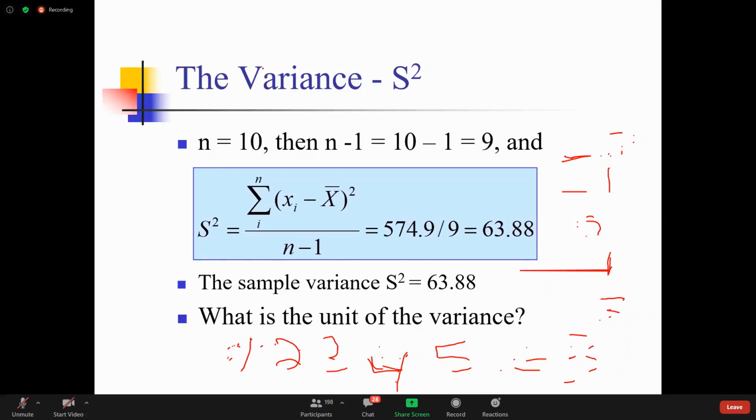So what do you have? Minus 2, minus 1, 0, 1, and 2. Add them up. It's going to be 0, right?